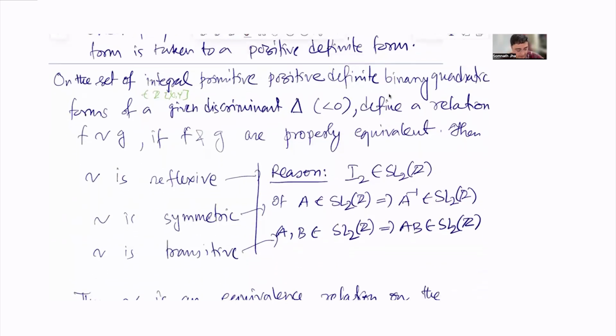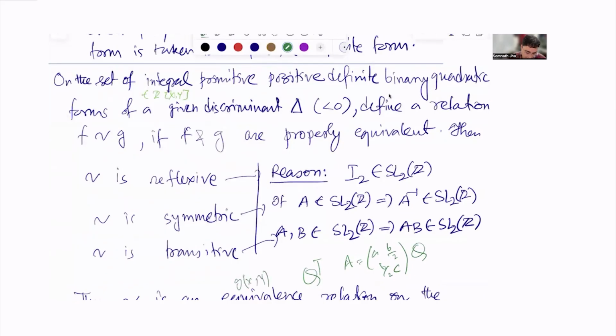More precisely, if the matrix of F is, let's say, A, which is (a, b/2; b/2, c), and if Q transpose AQ is the matrix of G, so G(x, y) equals (x, y) transpose times that matrix times (x, y), where Q is the 2 by 2 integer matrix with determinant 1.